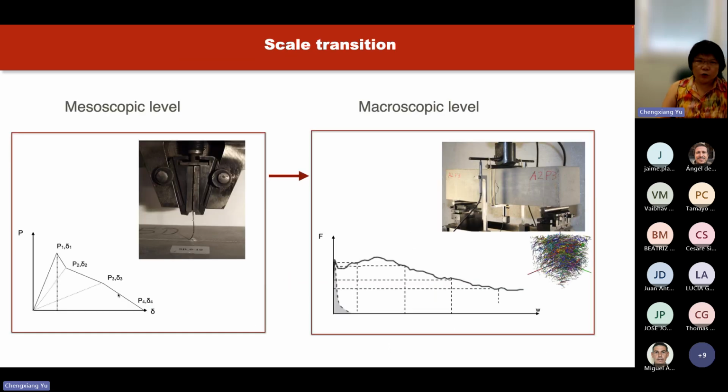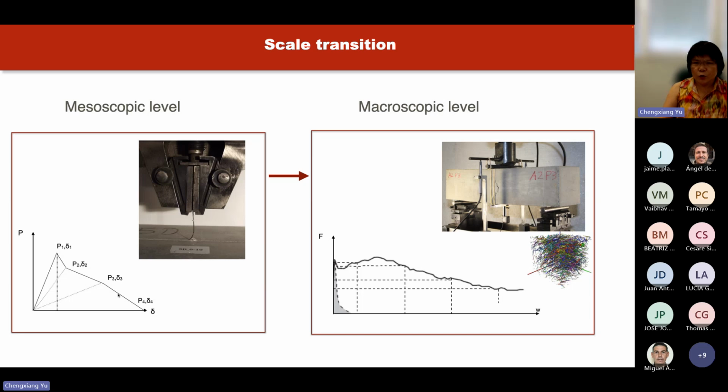In order to model this, we would like to see how we can go from the mesoscopic level to the microscopic level. At the mesoscopic level, we need to specifically model the single fiber pull-out behavior, which depends a lot on the interface.